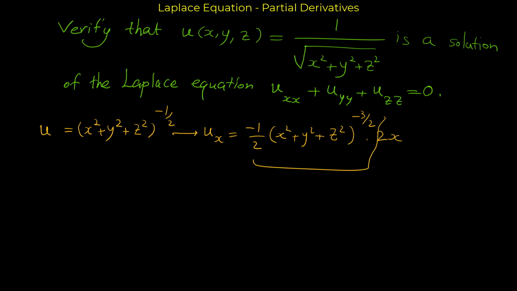The 2 from the numerator with the 2 from the denominator cancels, so ux is negative x times (x² + y² + z²) to the power of negative 3/2.